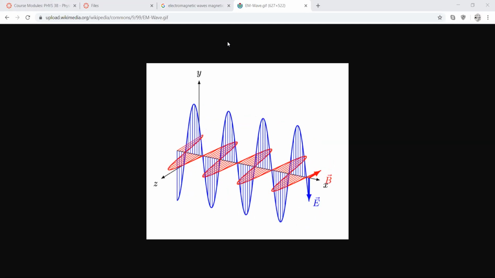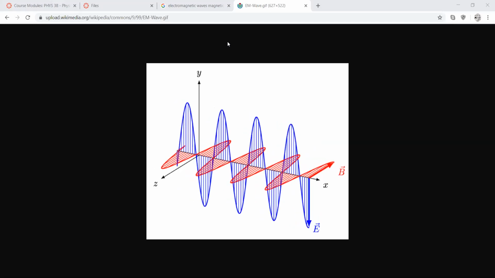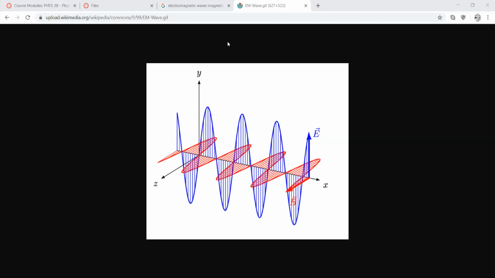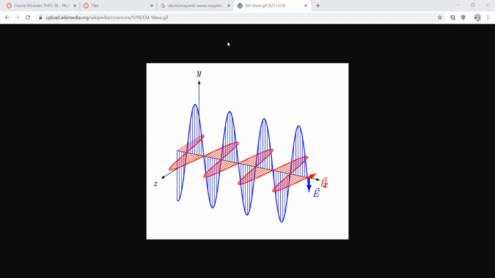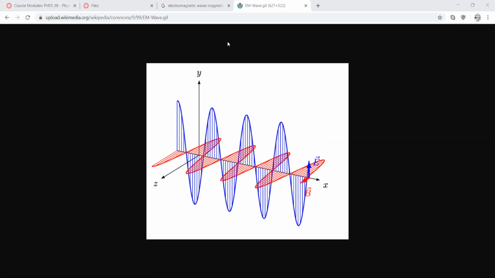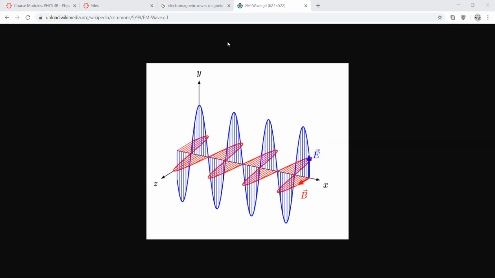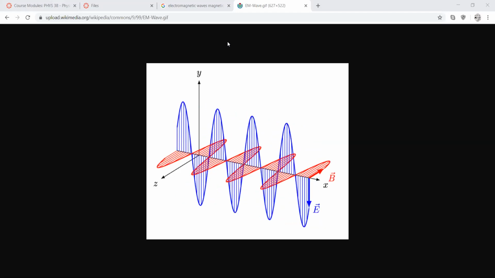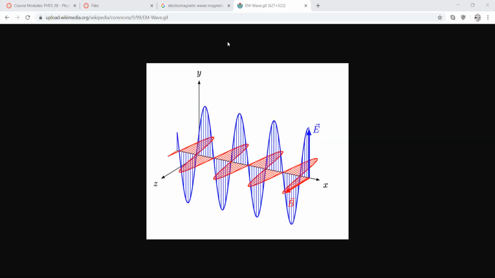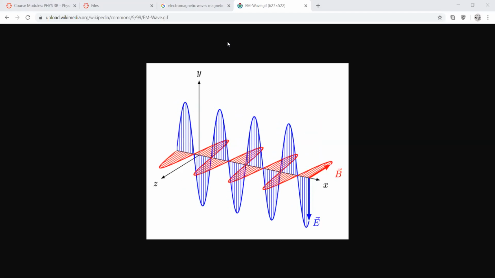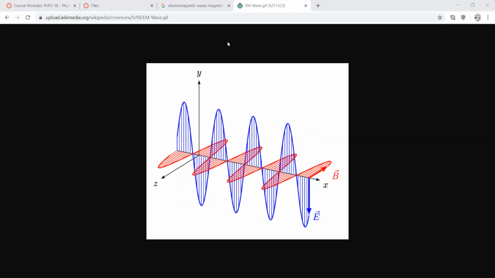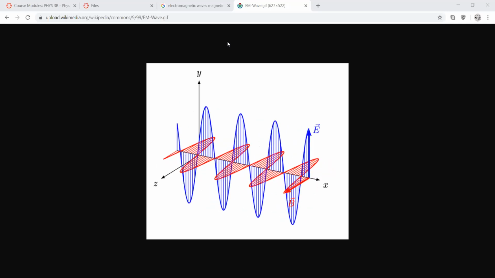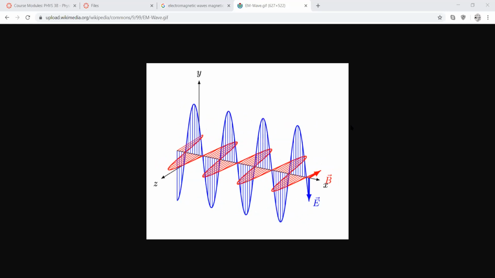And that's why electromagnetic waves don't need to go through a medium. They're not dependent on moving through water or some kind of material. You could have electromagnetic waves traveling through the emptiness of space because it self-propagates. It creates the next step in the wave by itself.